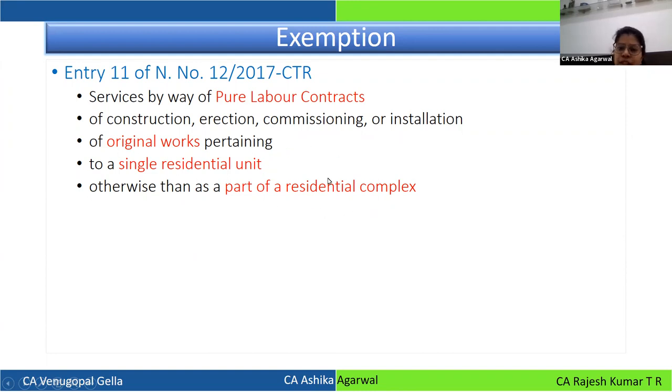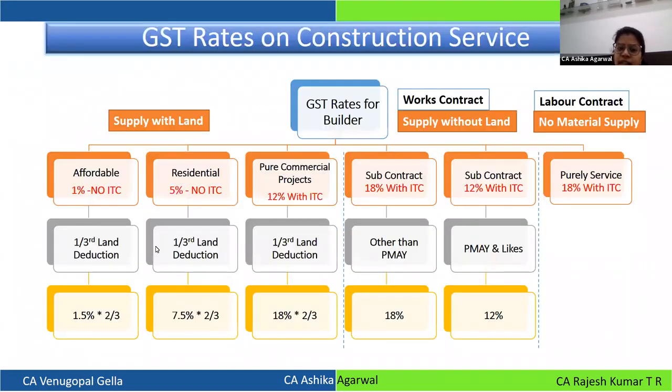So this exemption has only been provided when a service is provided by way of pure labor contract. And as we discussed, pure labor contract is taxable at the GST rate of 18%. Now, as you know, when we discuss supply with land, where there is a JDA agreement, in that case the promoter or developer is not eligible for ITC.